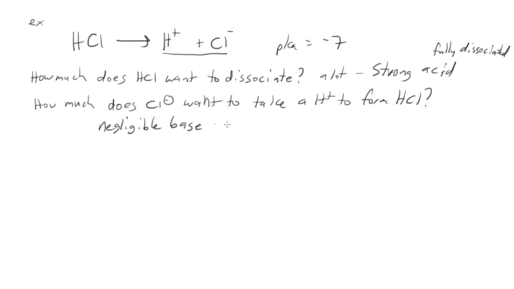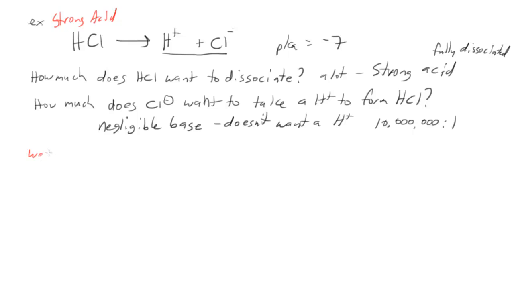It really doesn't want a proton at all. How much does it not want a proton? 10 million to 1. It'll take one time for every 10 million times it doesn't take one. So this was a strong acid example.